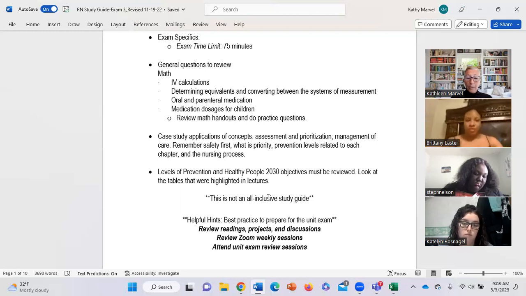Okay, and then we talked about the nursing process, which is your ADPI. You have to be able to apply your ADPI to each of the chapters that you're reviewing. So how do you apply ADPI to occupational health? How do you apply ADPI to school nursing?